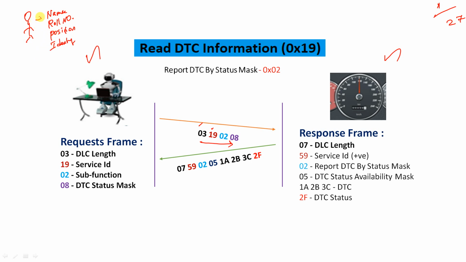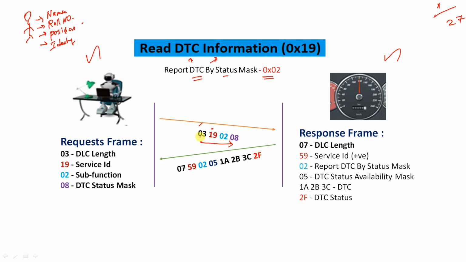Like this we have so many identifications to call him. Similarly for DTCs, and not only DTCs but also DTC related information, either can be retrieved by these kinds of things. Here the first thing is the status mask. Just as we have the roll number, we have the status mask. So this subfunction is used to report the DTC by status mask, and for this the subfunction number is 02.